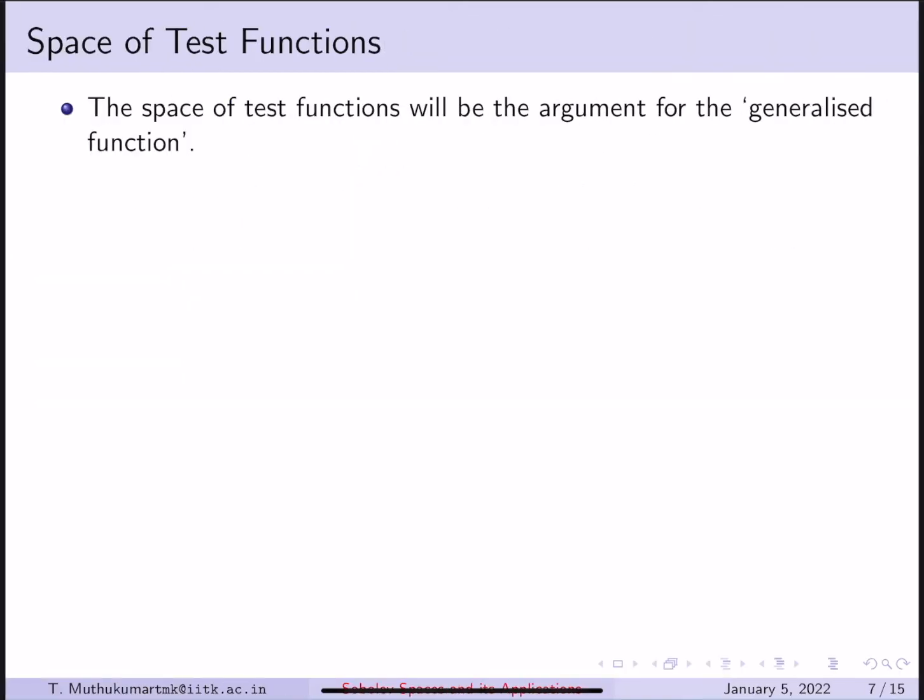So the next thing is, once I want to generalize the notion of function, when I say a function from a set A to B, there is a set for the argument. It takes some x to f of x. So when we generalize the function, we will see later that the argument for the generalized function is what is called the test function space.